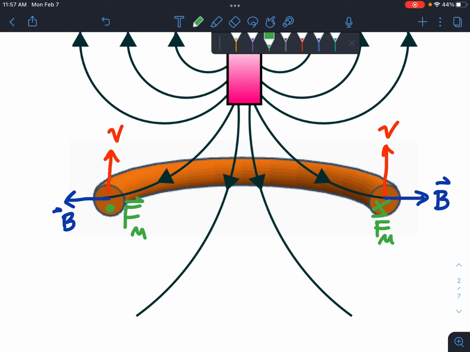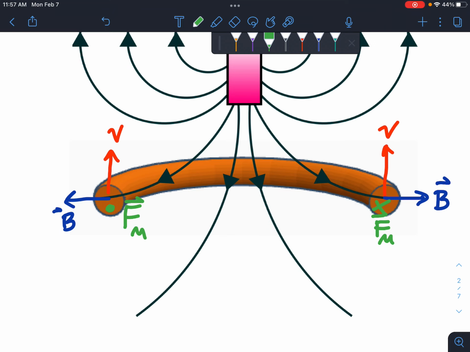Well, if you were to push on charges, remember that current is the movement of positive charges. We don't allow positive charges to move, but we can pretend that they do, and it behaves the same as if a current does. And what does that result in? Well, that means that this magnetic field passing through this coil is going to produce a force that comes out of the screen on the left and into the screen on the right.